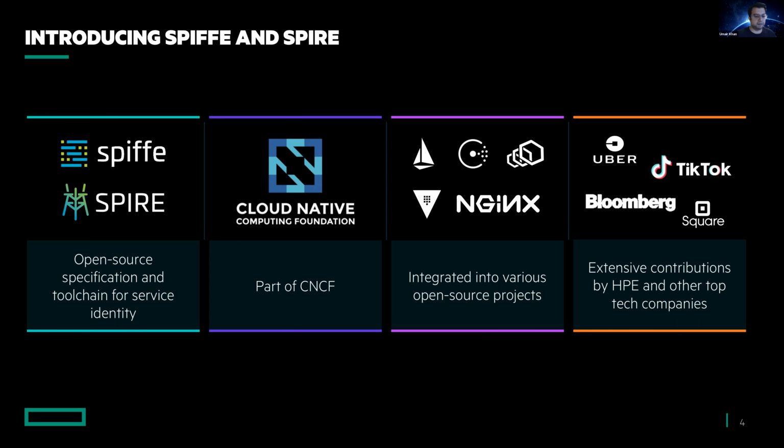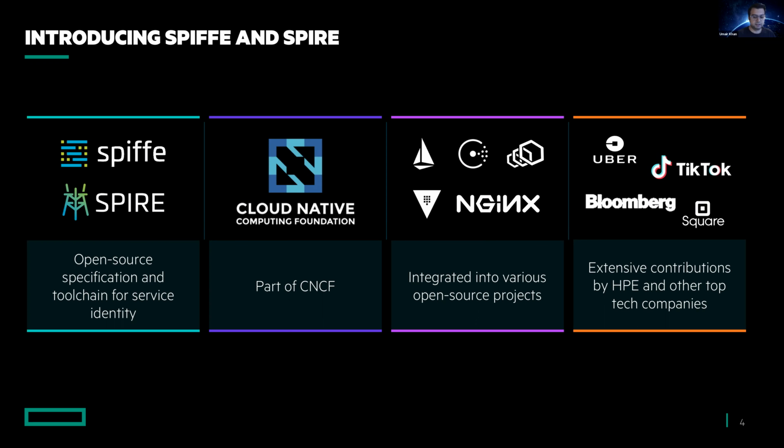The projects have recently moved to the incubation stage at CNCF, and are tightly integrated with various open source projects such as Envoy, Nginx, HashiCorp Vault, and a bunch of others. We have seen more and more public organizations talking about how they're adopting SPIFFE and SPIRE, and we are sharing some of the 5 use cases, patterns, or practices that we have seen across these companies.